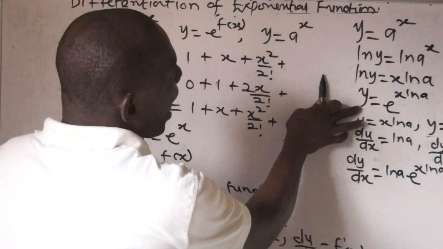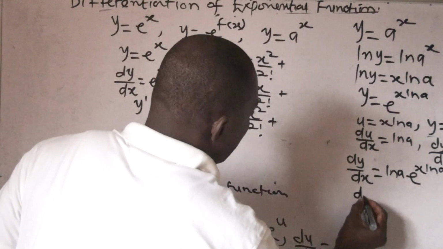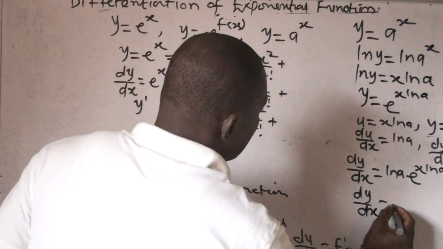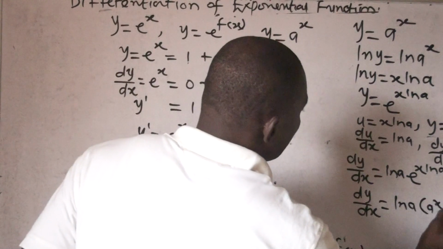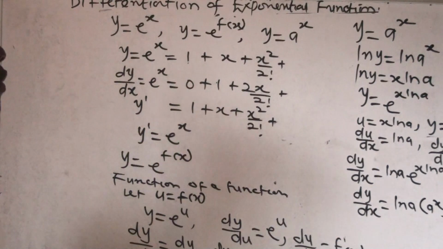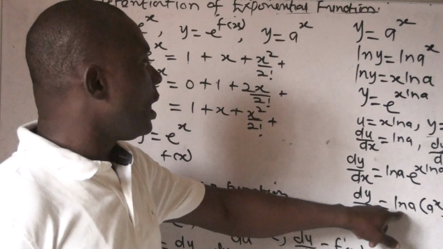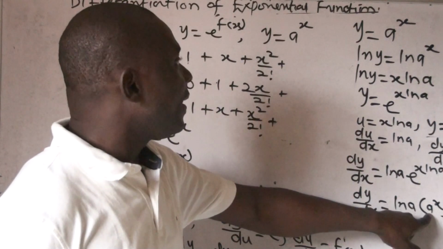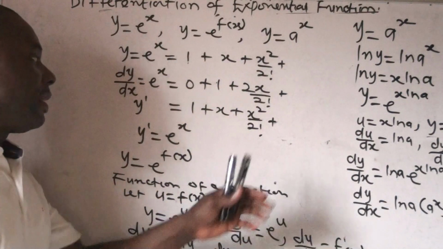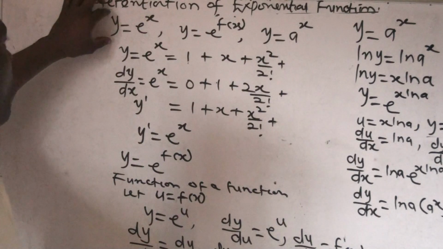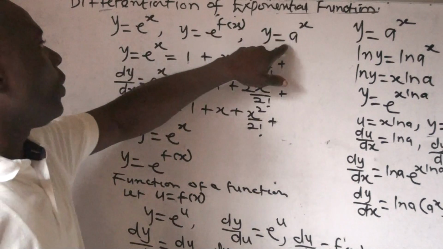And y is also what? a raised to the power x. So our dy/dx is equal to ln a times a raised to the power x. So dy/dx, the first derivative of this function, is equal to the ln of the constant a, times a raised to the power x. That is how to find the derivative of y equals e raised to the power f of x, and y equals a raised to the power x.